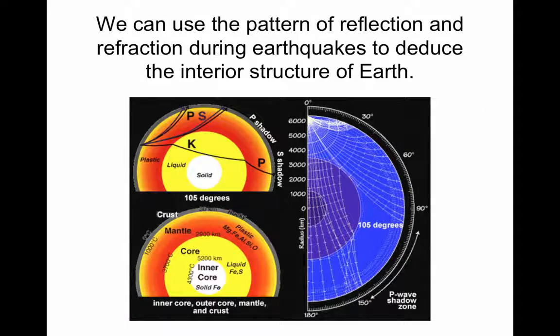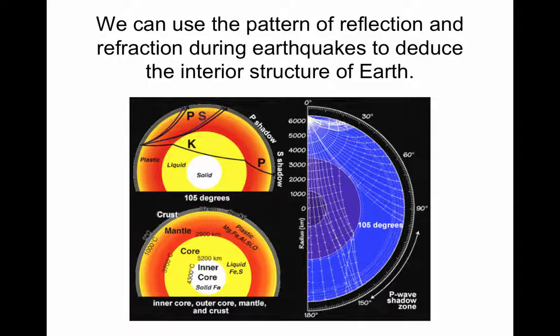So this is a complicated diagram. Don't get too worried about this. The primary thing is if you look at the picture on the upper left, you can see that P waves and S waves, they'll travel through the upper layers of the Earth, but the Earth has a liquid core. S waves cannot travel through liquid, while P waves can.